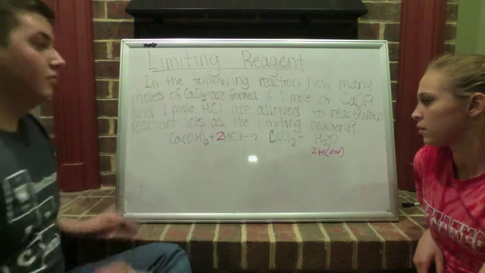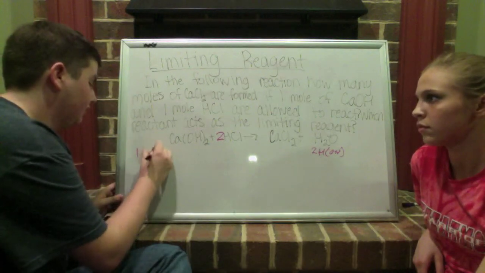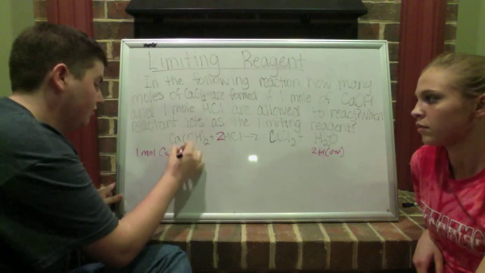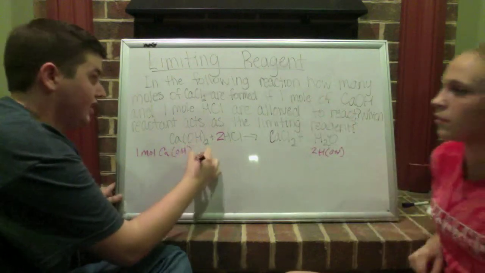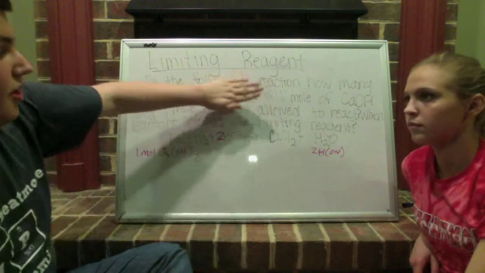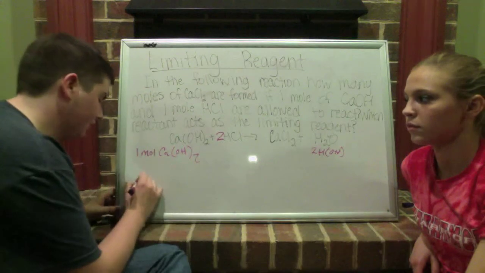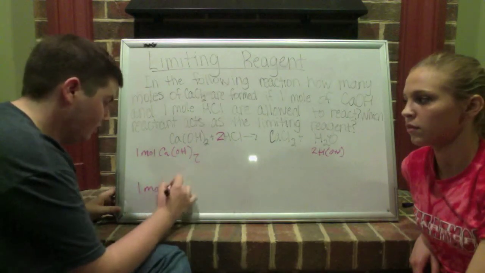So you make up your own units for the first one. Let's just say you have 1 mole of each. So you have 1 mole calcium hydroxide, and that's from up there. But if it just asks you what the limiting reagent is and there's no other question there, then you just make up something. Okay, so then you also say 1 mole hydrochloric acid.